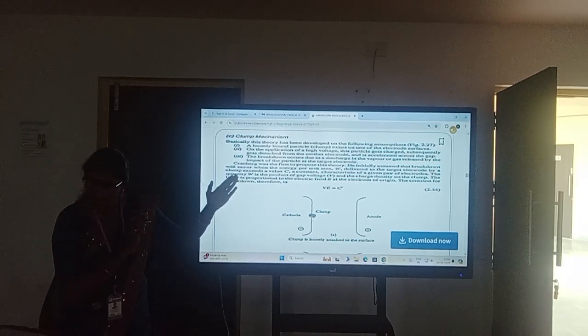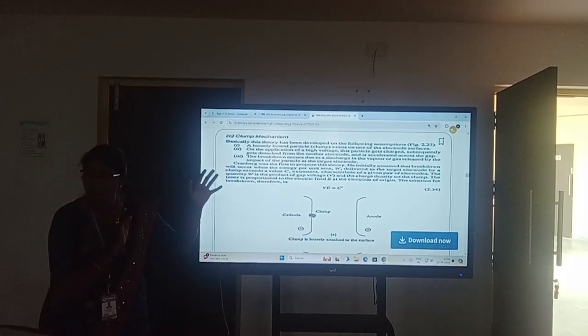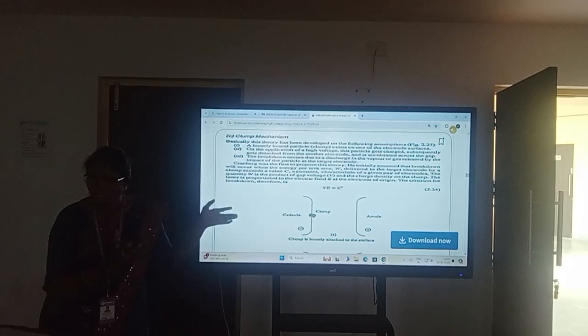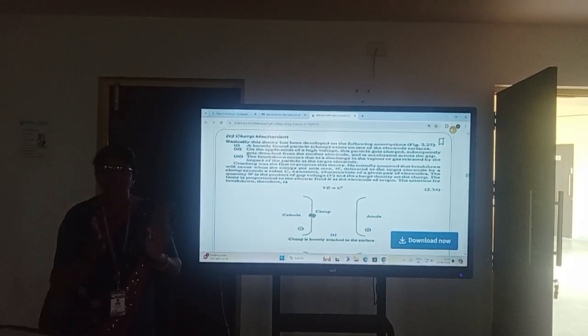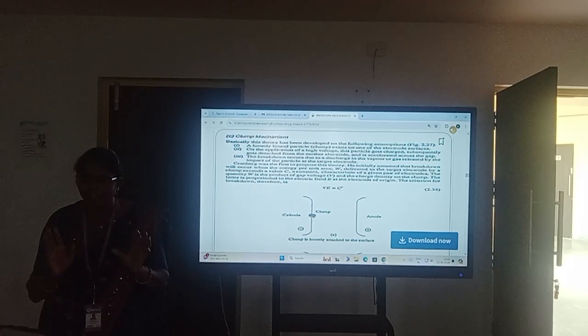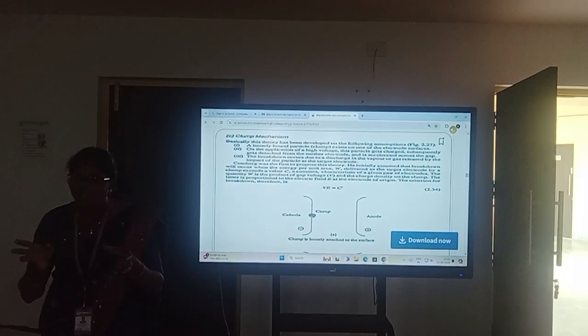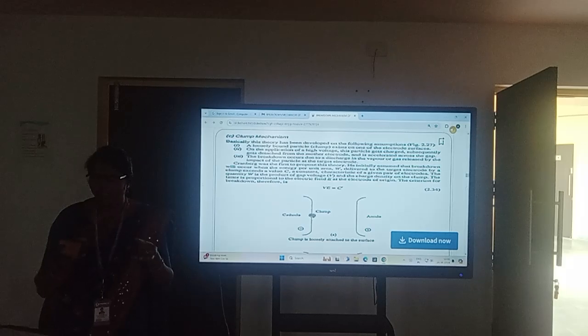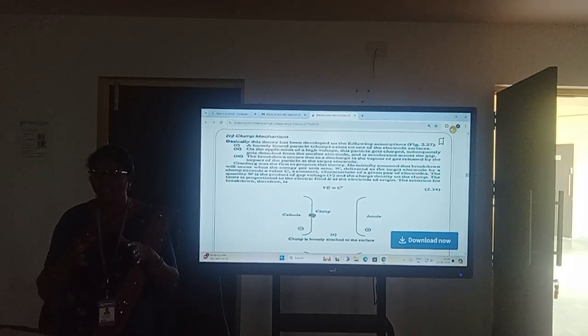Which particles? The loosely bound particles present at either electrode, anode or cathode. For reference, in the lithium ion battery which we have studied, lithium and ions are electrodes.